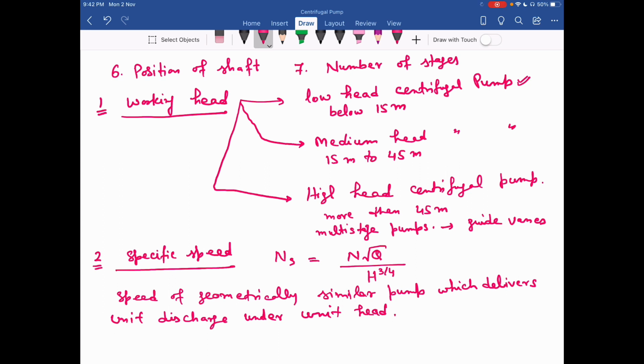So this is the definition of specific speed of a pump.